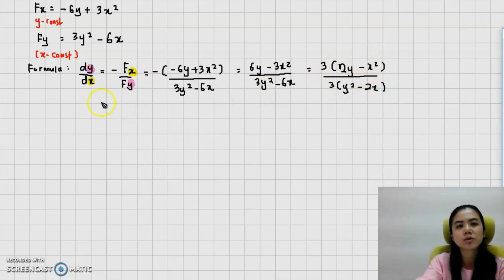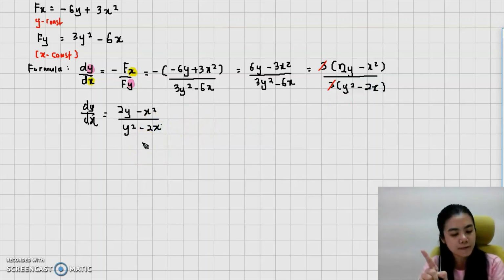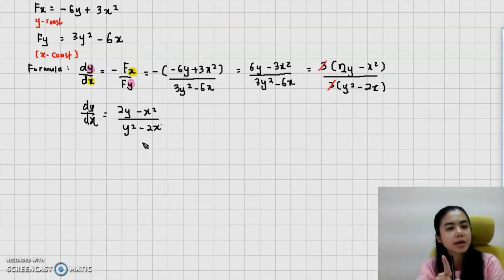The 3 and 3 you can cancel out. When you have cancelled out, you obtain your dy/dx, which is (2y minus x squared) over (y squared minus 2x). That is dy/dx. That is what we did in the first example, and we stopped there in the first example.